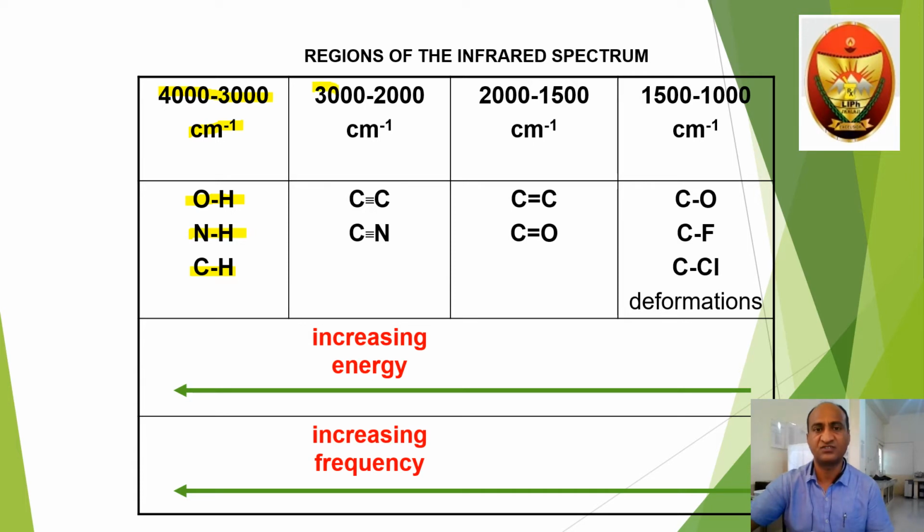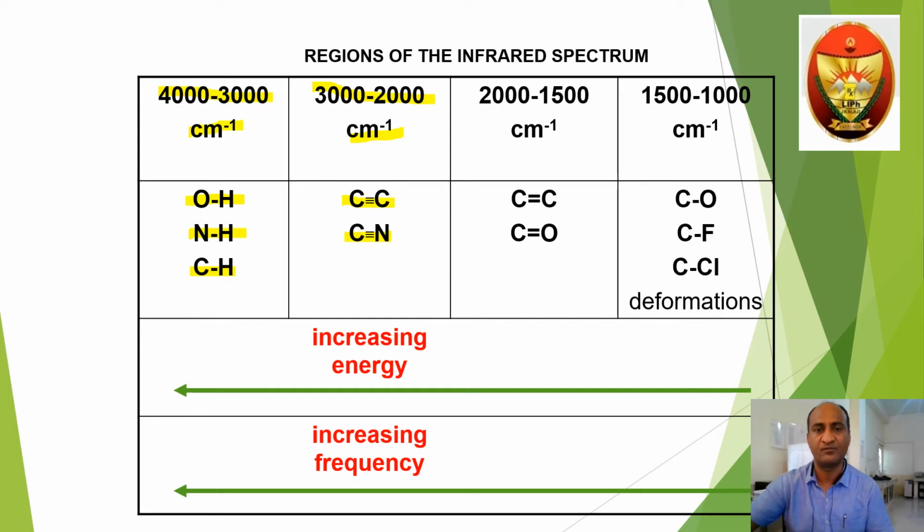In 3000 to 2000 reciprocal centimeter, generally triple bond compounds or sp hybridized systems absorb, for example C triple bond C like in alkyne, or C triple bond N in nitriles.